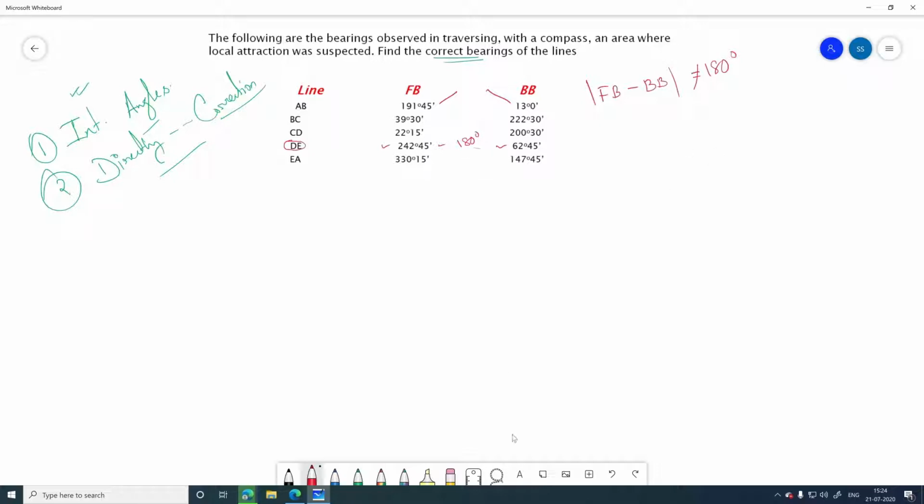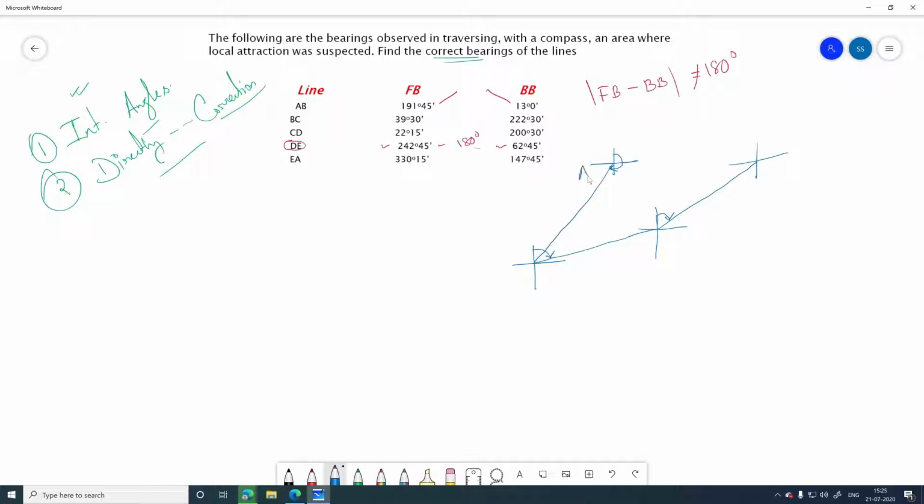So let's draw the diagram first. The forward bearing of AB is 191 degrees 45 minutes, so it will be something like this. The forward bearing of BC is 39 degrees 30 minutes. The forward bearing of CD is 22 degrees, something like this.